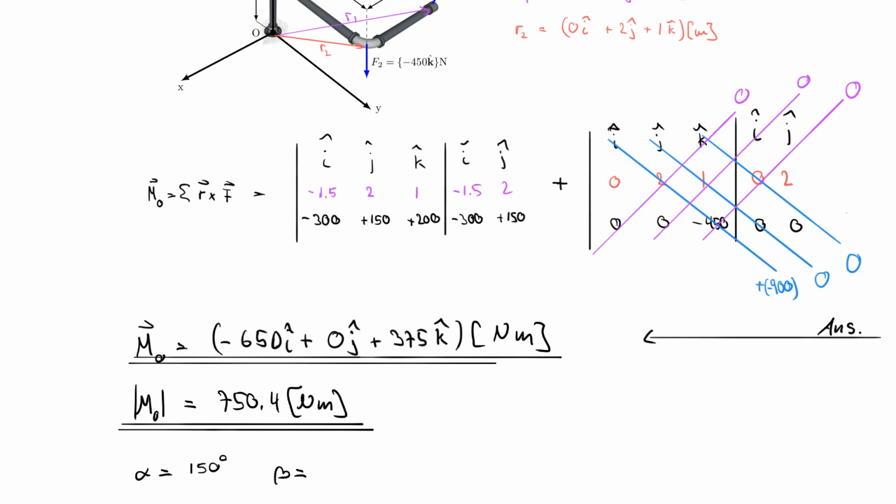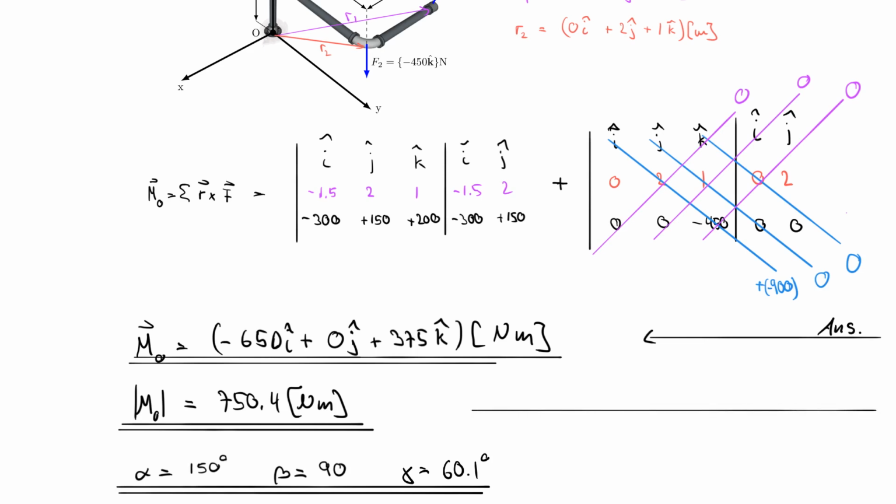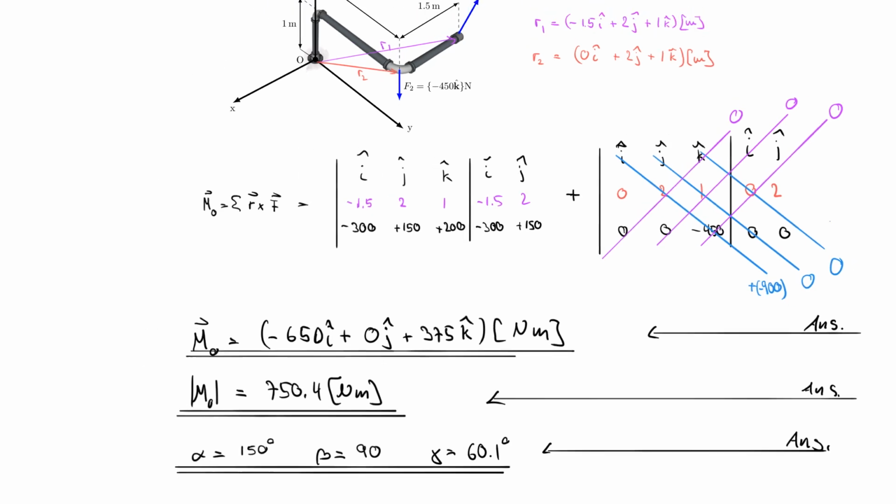Beta is equal to 90 because of the 0, right? And gamma is equal to 60.1. And again, I encourage you to come up with these numbers and to actually verify them so that you are well prepared for your upcoming exam. This is an answer, and this is an answer as well. And that technically concludes the problem.